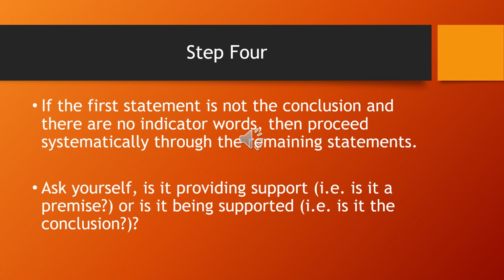If it is the conclusion, then the rest of the passage should be supporting it, including the first statement. And if that is the case, then the second statement would be the conclusion and the rest would be the premises. If not, then you have to go to the third statement and so on. Eventually, if you have an argument, you will be able to find the conclusion by going systematically through the argument.